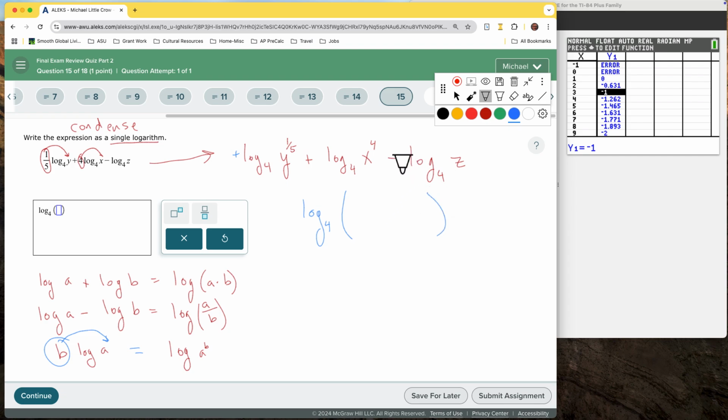And then I see I do have a subtraction, so I will be getting a fraction. Anything with the positive is in the numerator, y to the 1/5 times x to the 4th, because those are both positive. Anything with a negative is going to go down into the basement. So the z goes down there. Boom, we're done.